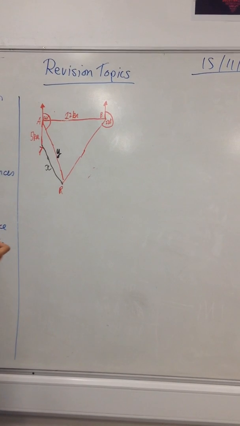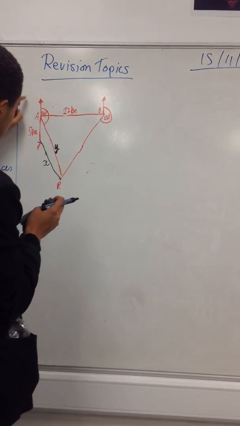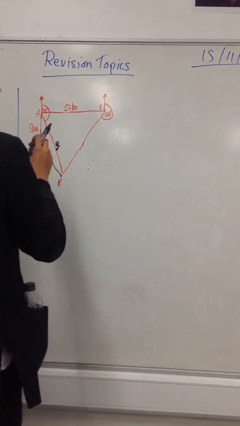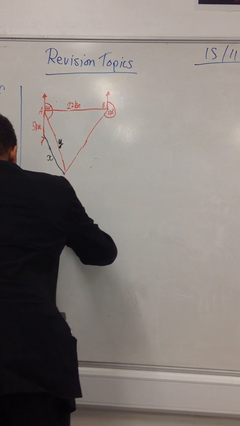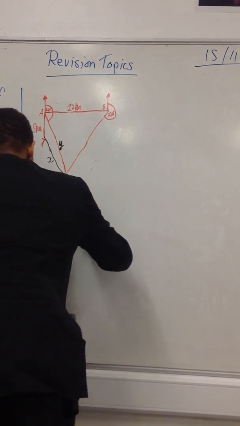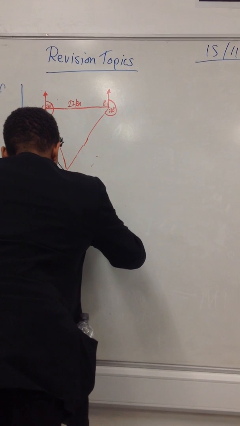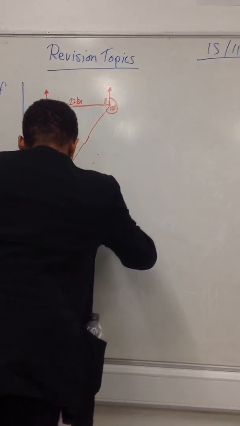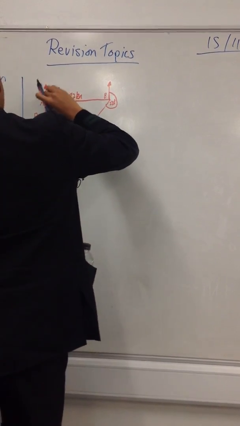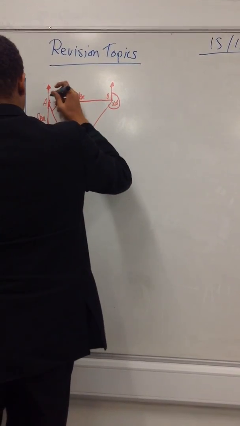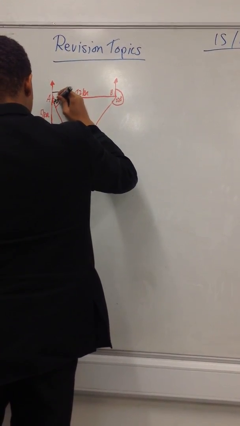That means this whole angle is 160 degrees, and to get angle A, we do 160 minus 90, which equals 70 degrees. So I'll put in a right angle there, and 70 degrees here.